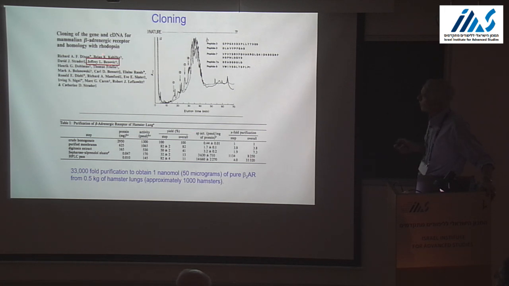So Jeff Benovic purified this protein, and by the time I arrived in the lab in '84, there was this protein sequence. So you can see it was 33,000-fold purification from hamster lungs. So 1 nanomole, or about 50 micrograms, of pure receptor from half a kilogram, roughly 1,000 hamsters donated their lungs for this effort.